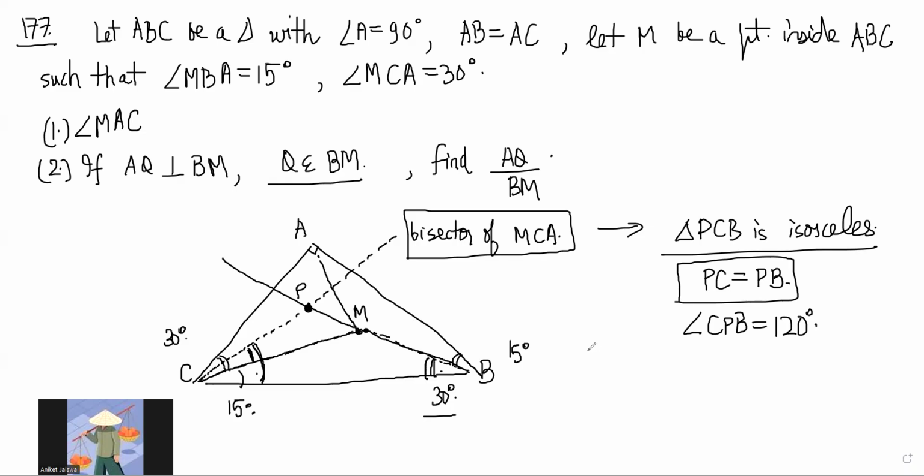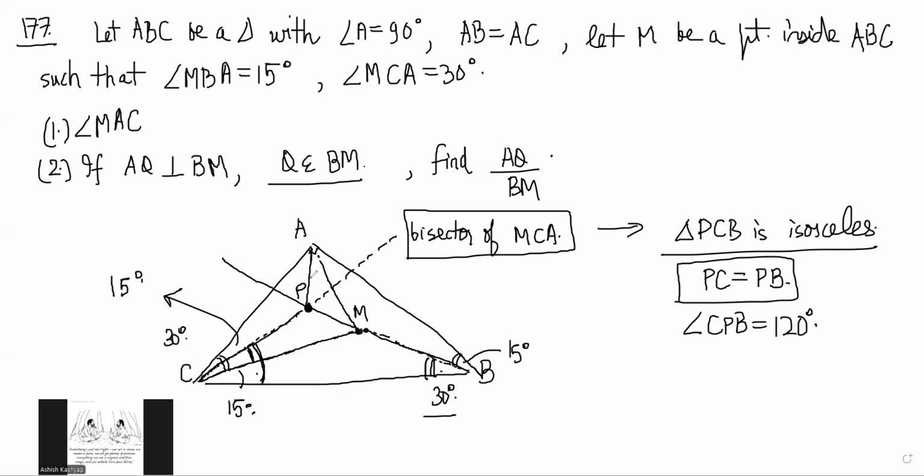Now look at triangles APC and APB, join A and P. I have this angle is 15 degrees, and I have here also 15, right? Also, I have this angle is 120, but that doesn't help us so much.